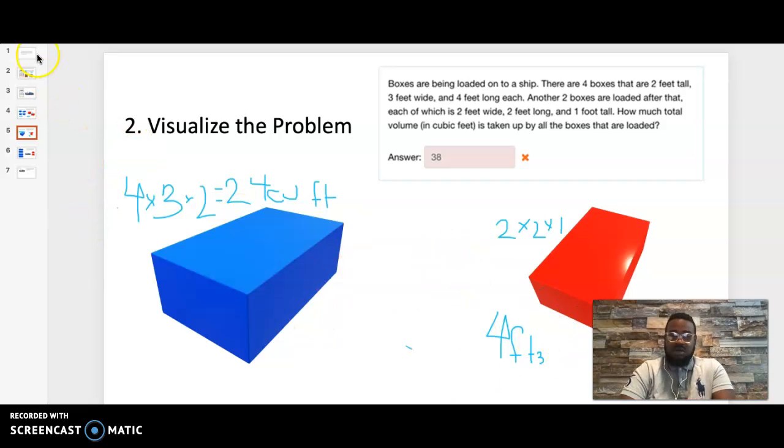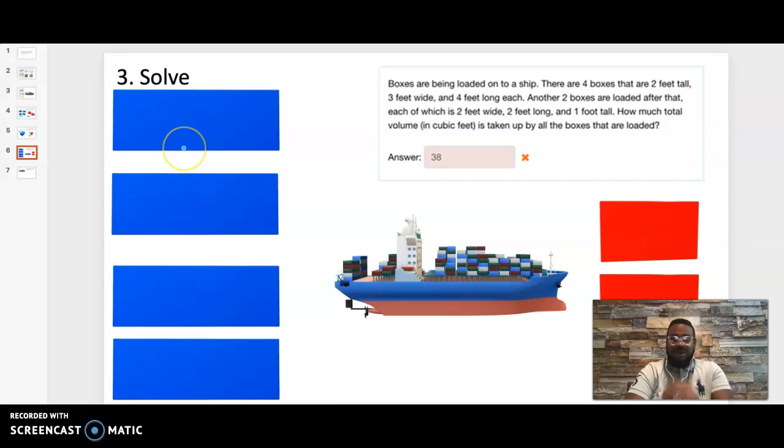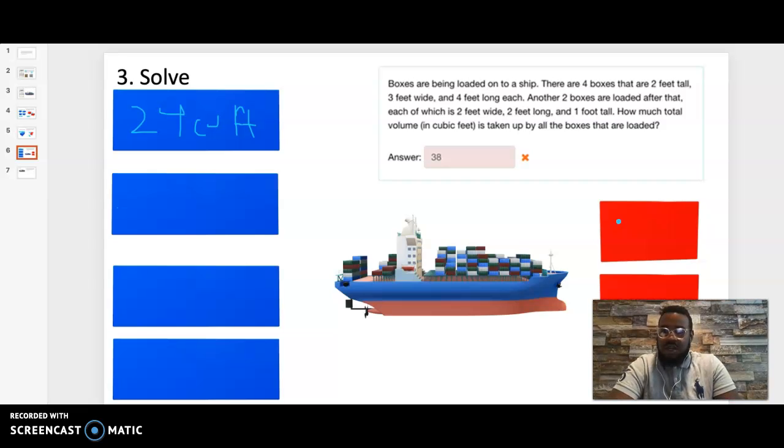What we know is that this problem is asking us to think about 4 boxes that are 24 feet cubed. That's each of these boxes here. And another box that is 4 cubic feet.